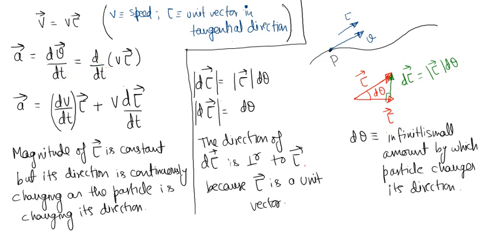If I use the product rule for differentiation here, I will get a equal to dv by dt, the derivative of the scalar speed, multiplied by tau, the unit vector in the tangential direction, plus v into the differentiation of the unit vector in the tangential direction. Now we will see how we can find d tau by dt.